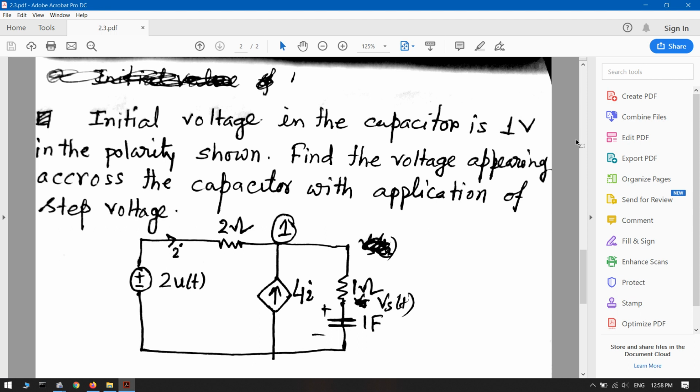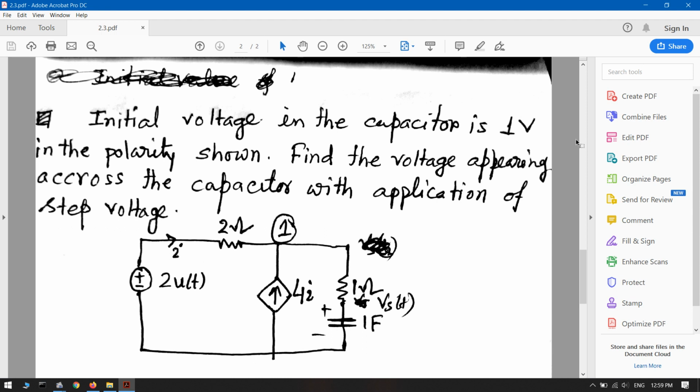You can apply KCL at node 1 and node 2, then go for solving the voltage across the capacitor. Are you able to solve? Are you confident? Okay, let us try to solve.